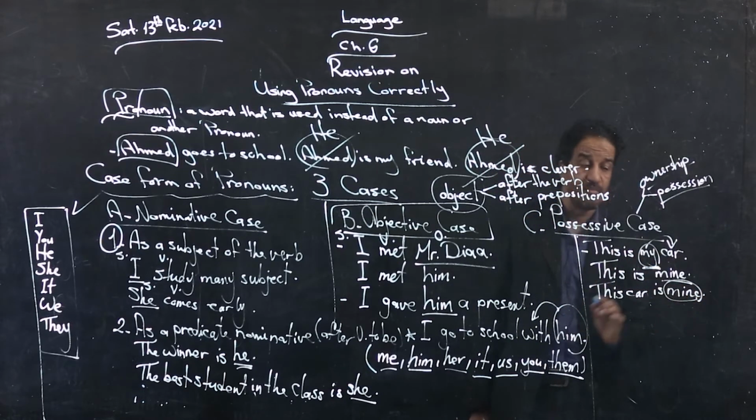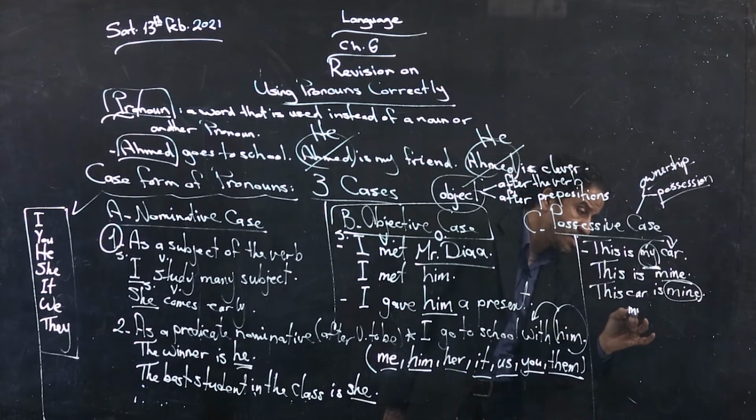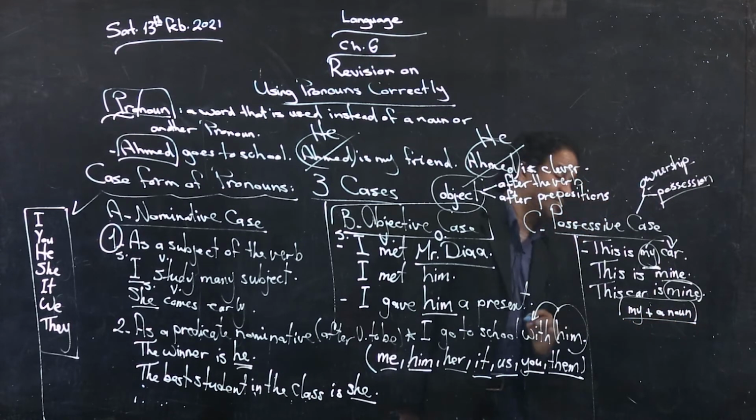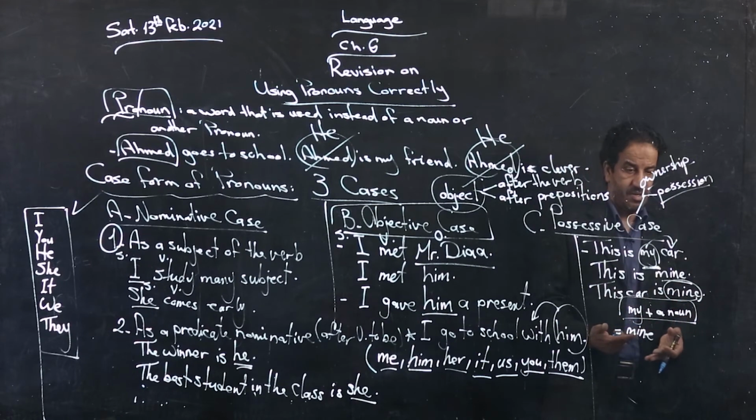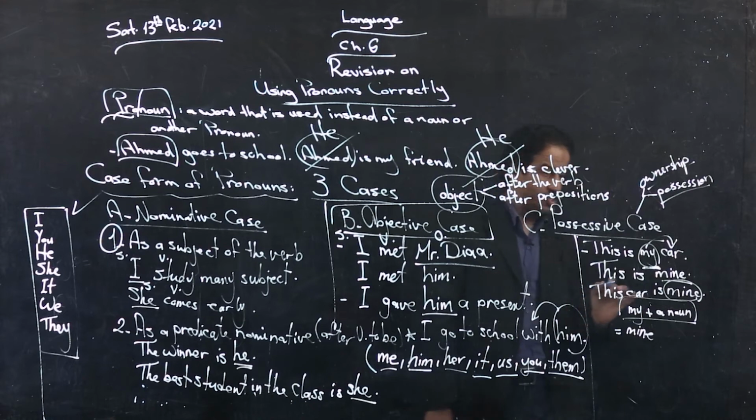What is the difference between them? My means my plus a noun. But mine, instead of my and the noun, equals mine. So my here comes as a possessive adjective, to refer to the word after it. Another example.